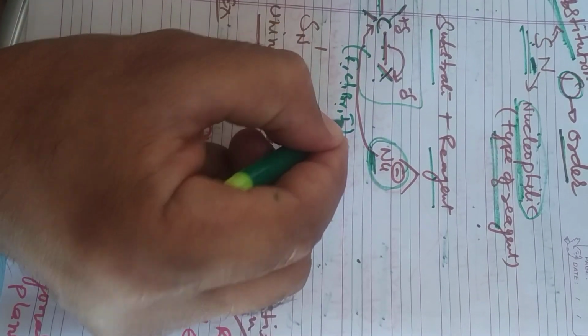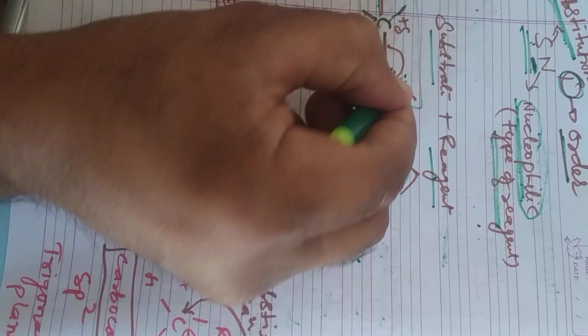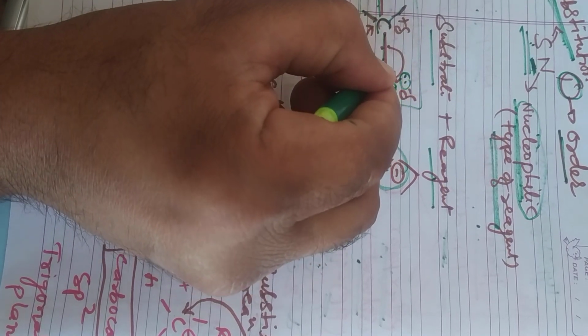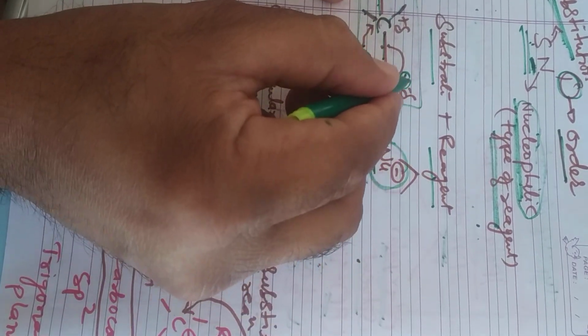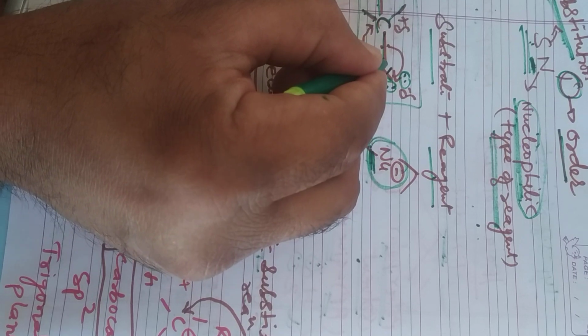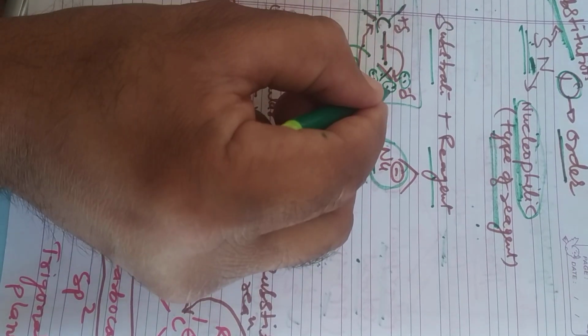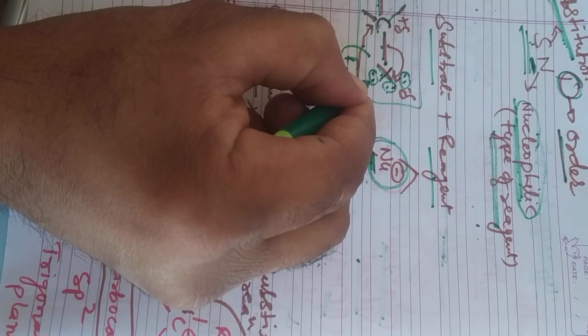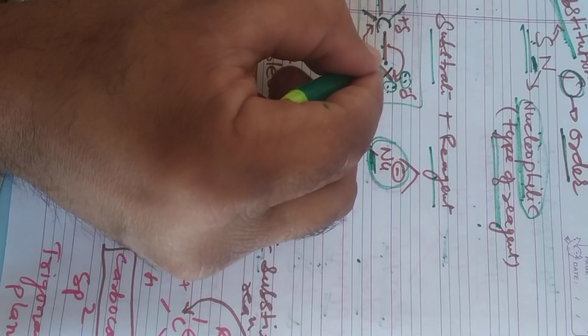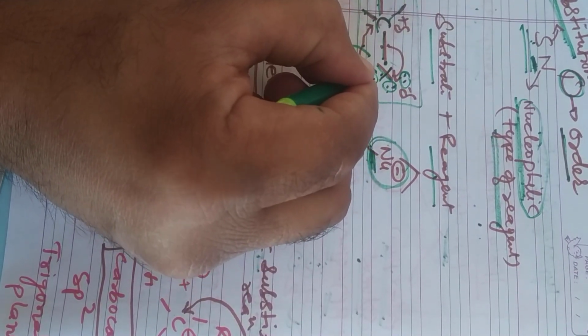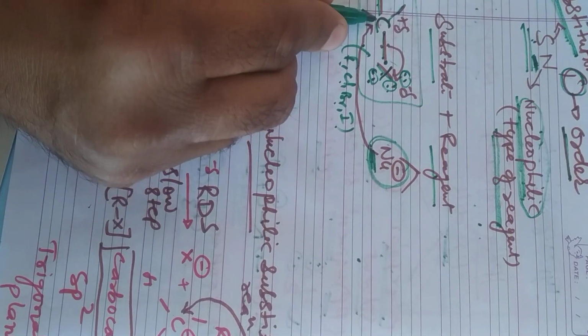Fluorine, chlorine, bromine and iodine have 7 electrons, 1 is bonded, and 3 lone pairs are present. So halogen atoms are more electronegative as compared to carbon.